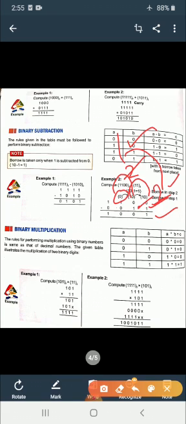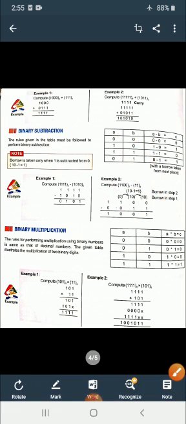So 0 minus 0 became 0, and 1 minus 0 became 1. This is how you are going to do the subtraction. Always remember, when you borrow, you are going to get 2 as the value. I already explained how you get 2.